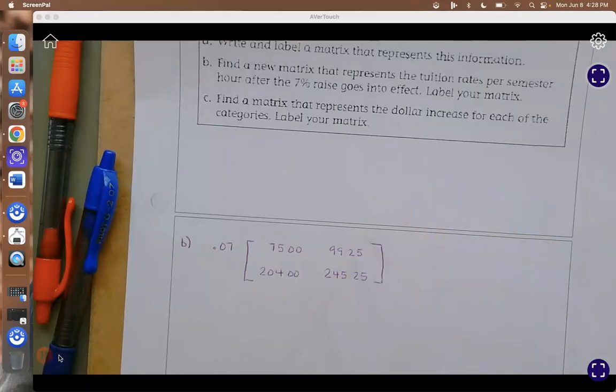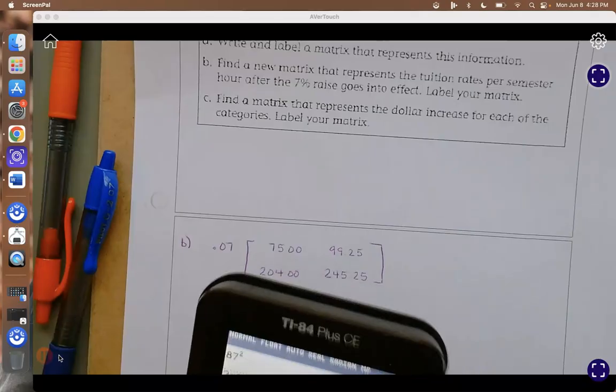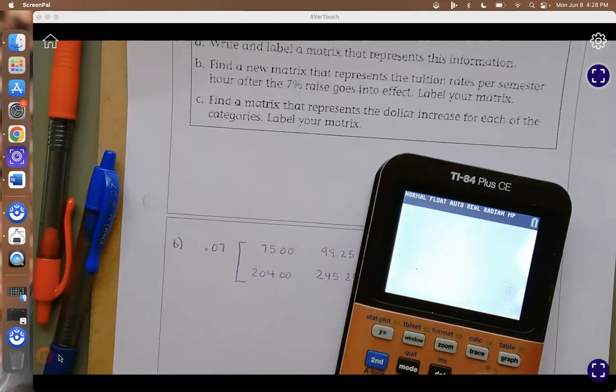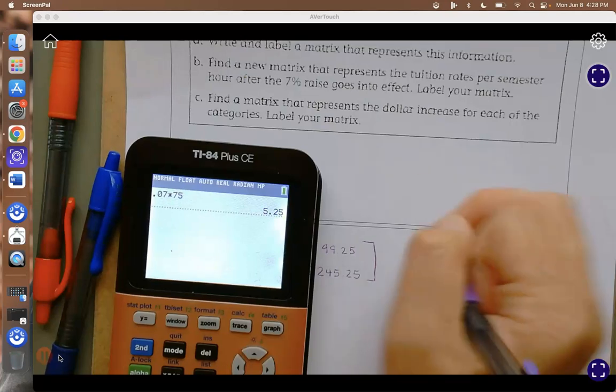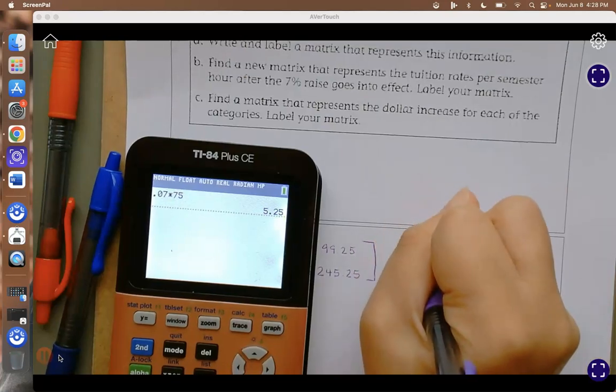Now, we get out our calculator. We do 0.07 times 75. We get 5.25. Okay, so that's how much it increased.